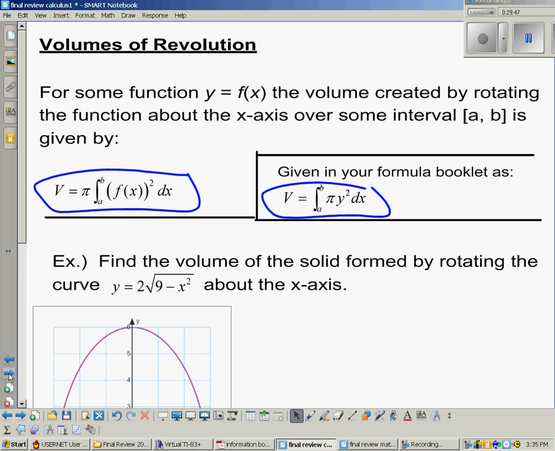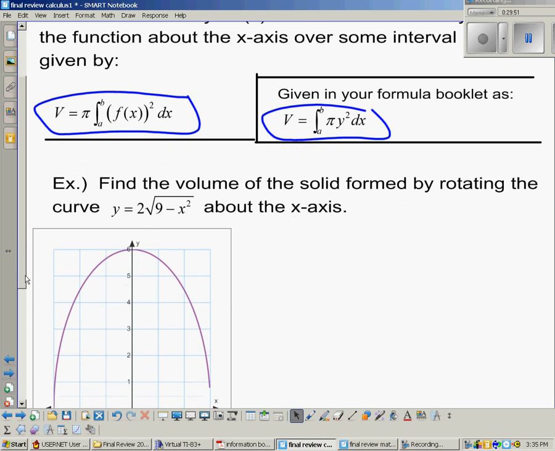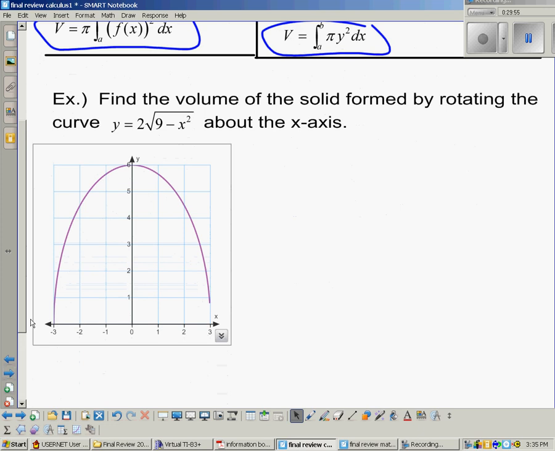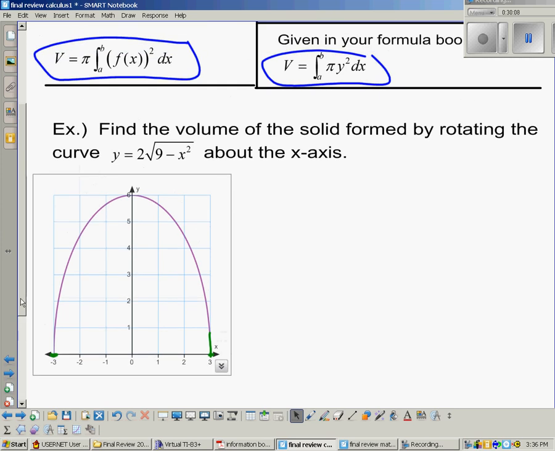Find the volume of the solid formed by rotating this curve about the x-axis. It should touch the x-axis right here at 3. So the whole thing exists from negative 3 to positive 3. I kind of like this version over here, but either one's fine.